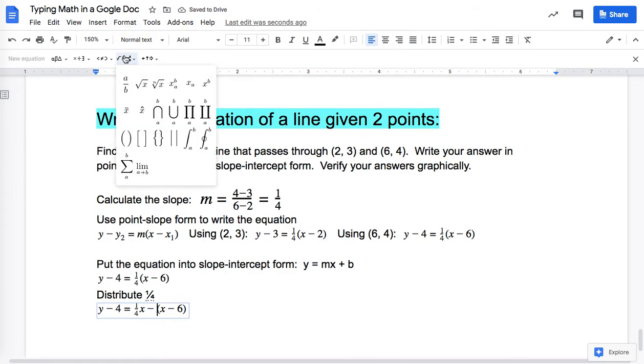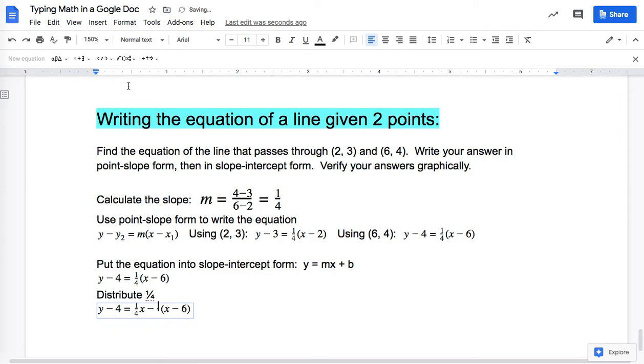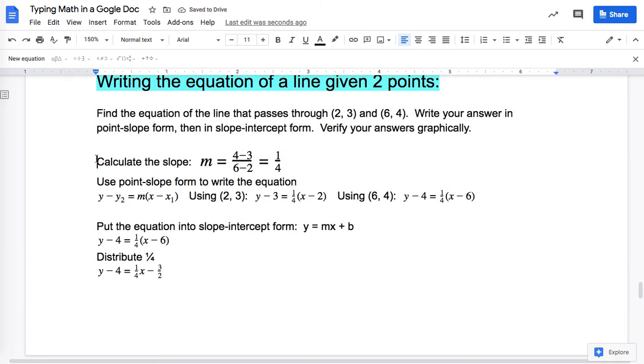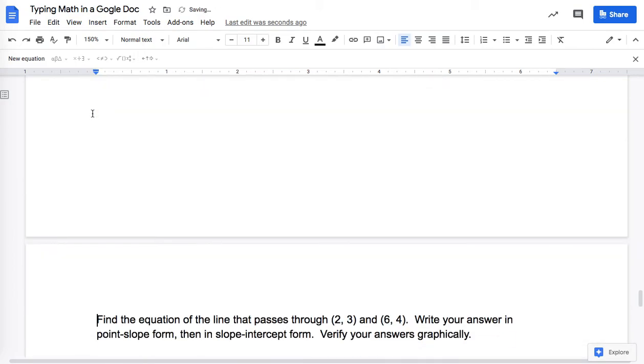So let's go ahead and put our 3/2 in there, and we're going to get rid of this because we distributed our 1/4. And then after we do that, we're going to add 4 to both sides.